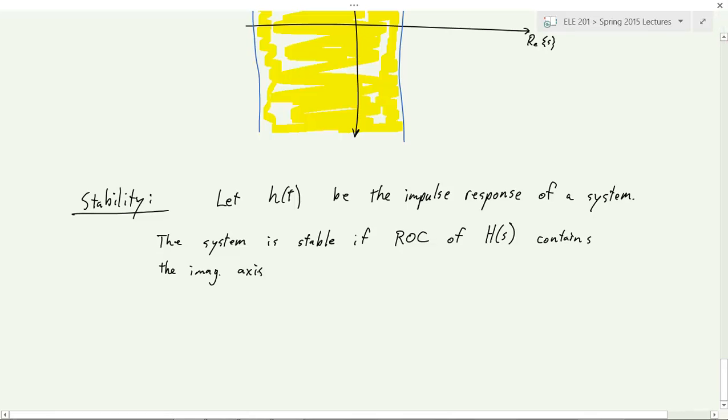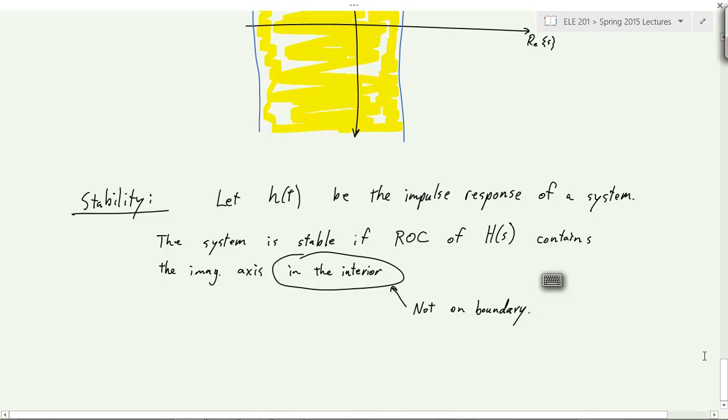Why is the imaginary axis relevant? It's the Fourier transform, right? So we're kind of saying if it has a Fourier transform, it's stable. Although I'm going to add a couple words that make it slightly different here, that it should have the imaginary axis in the interior. So what this means is the boundary of the region of convergence should not be right on the imaginary axis. So the interior just gets rid of the boundary itself.